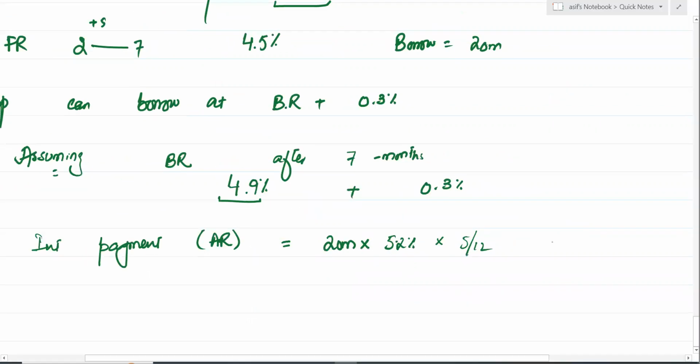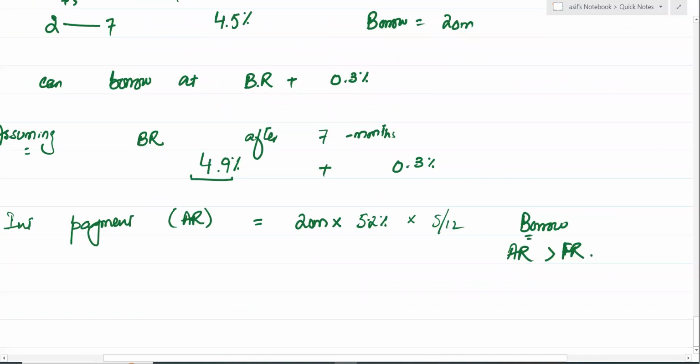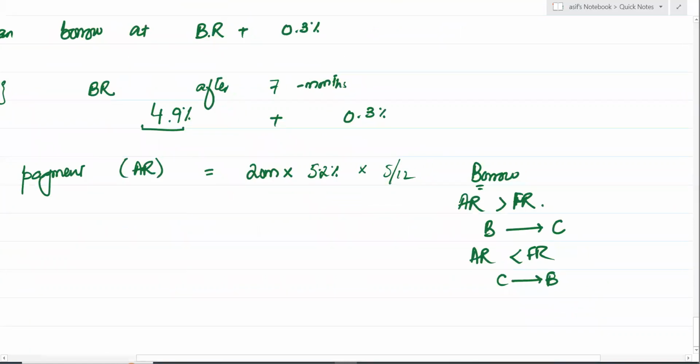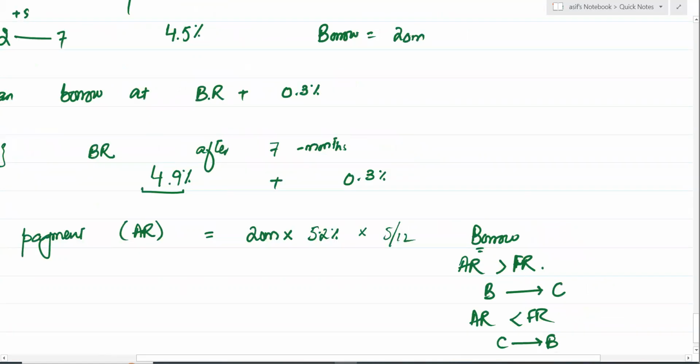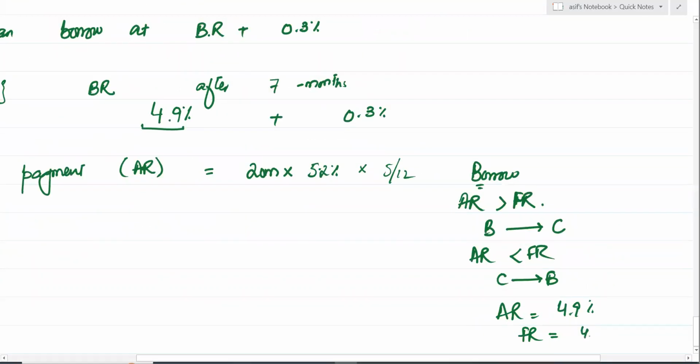Now, this is the case of borrowing. If the actual rate is greater than the forward rate, you are paying more. So who is going to compensate? The bank will pay the company. But if the actual rate is less than the forward rate, then the company is going to compensate the bank. In our case, the actual rate is 4.9%, while the forward rate is 4.5%.